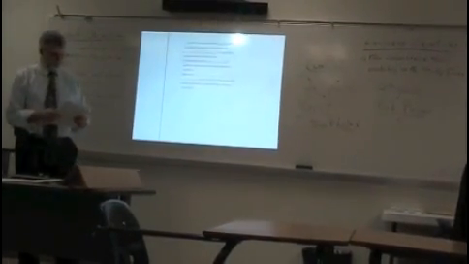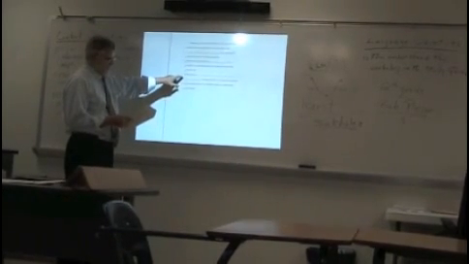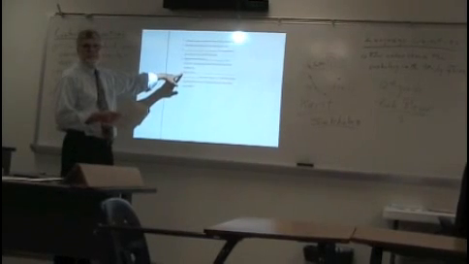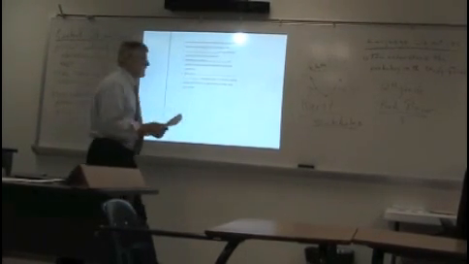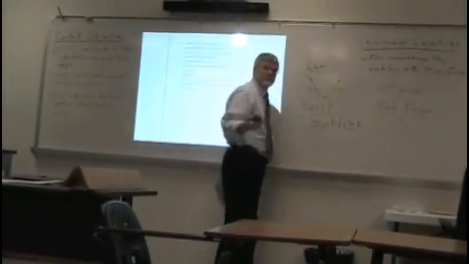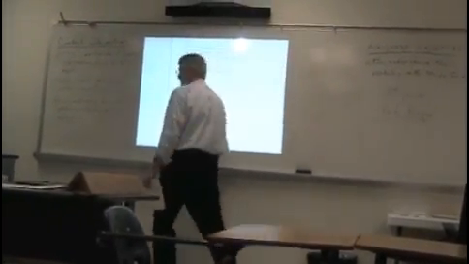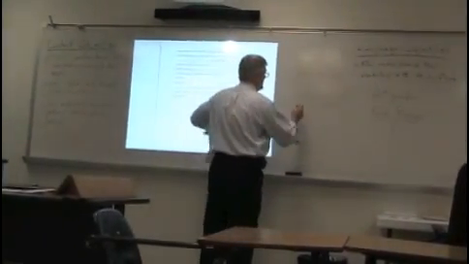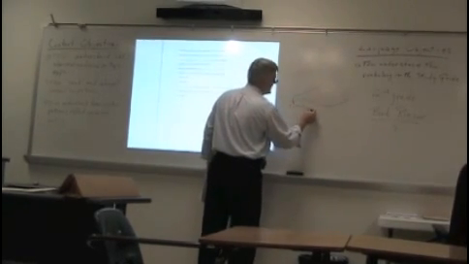And when contours cross a stream, they form a V-shaped pattern upstream. So we'll know which way the stream is flowing. Here's your stream. Your contour is going to come down here, and then it's going to go around.